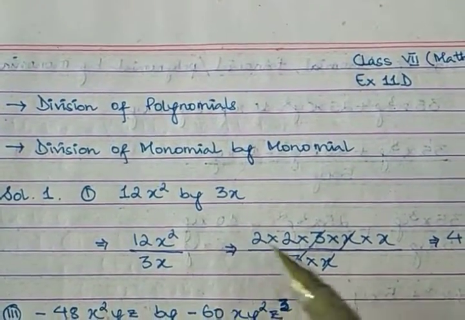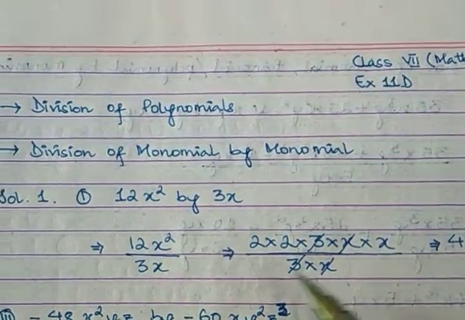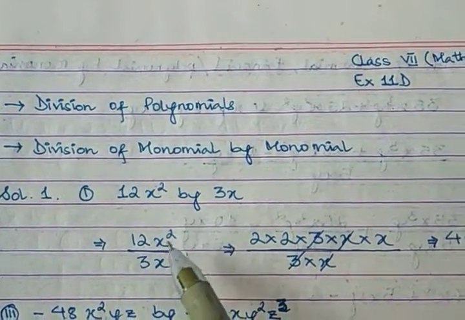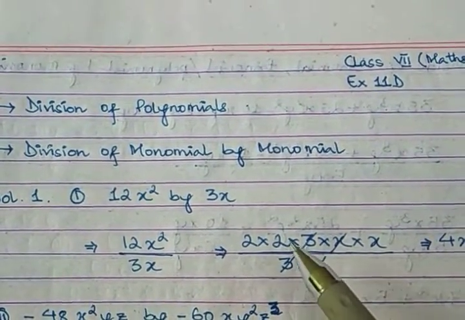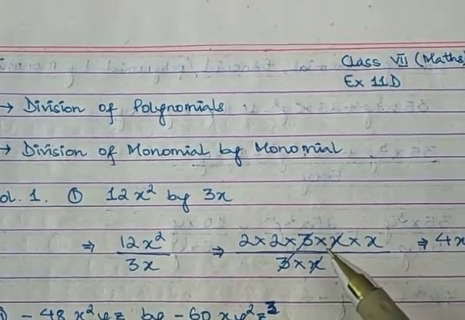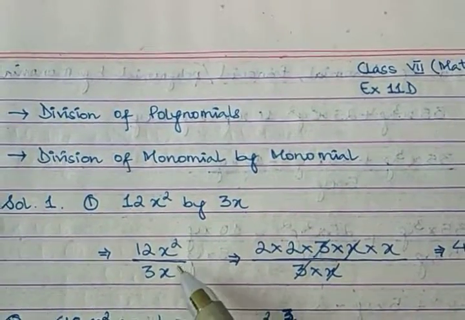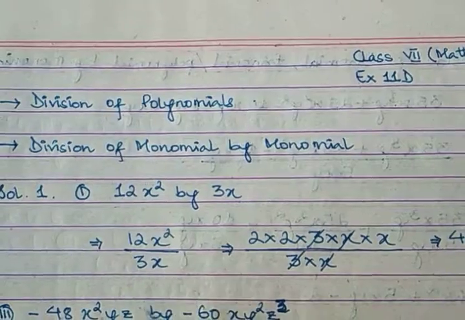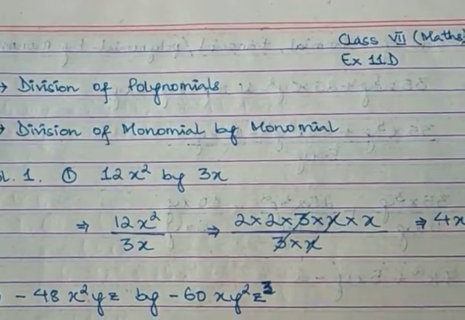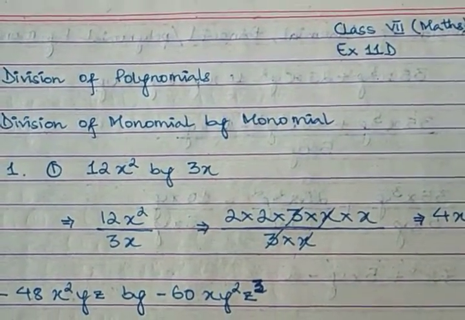As we know, x squared can be written as x into x. So I have simplified the 12x squared term and written it in factor form: the prime factors 2 into 2 into 3, and x into x. Similarly, the denominator is just a constant term and a variable, and the relation between them is multiplication, so 3x can be written as 3 into x.